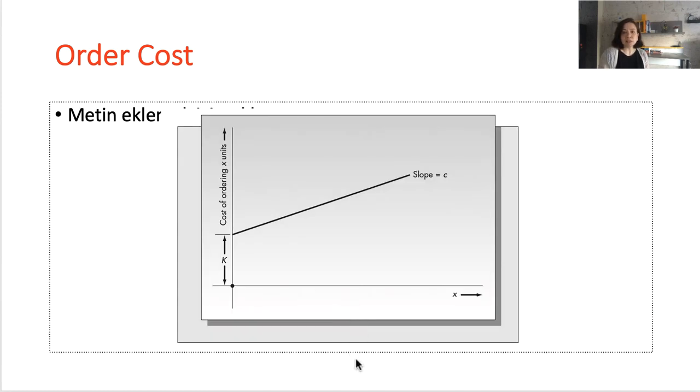Here we can see the graph of order cost. As I mentioned, we have a fixed cost K. It is independent of the number of items that we order. And we have a unit cost C for each order, and it increases linearly as we increase the number of items that we order.